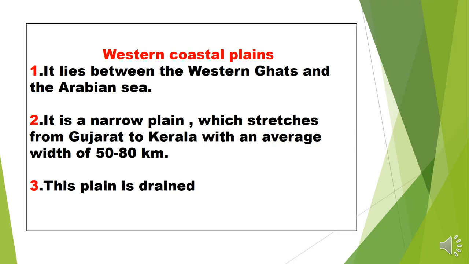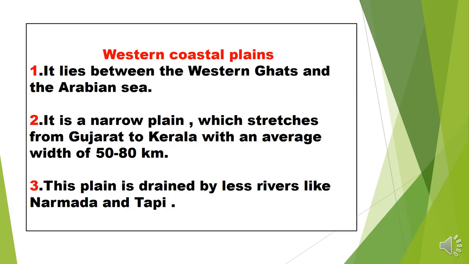The width is very small. It extends from Gujarat to Kerala, and the average width is 50 to 80 kilometers, because there is a small gap between the Western Ghats and the Arabian Sea.